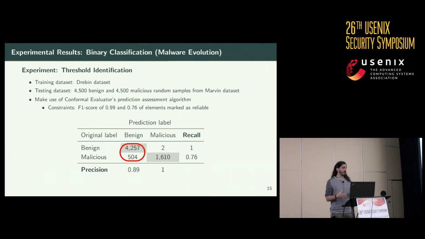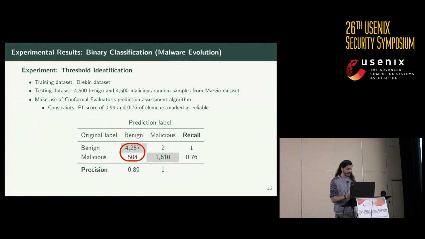We train a classifier with the Drebin dataset, and we test with 4,500 benign and malicious applications coming from the Marvin dataset. And we use as a constraint for our conformal evaluator an F1 score of 0.99 and 0.76 of elements that are marked as reliable. So the results are here in this confusion matrix.